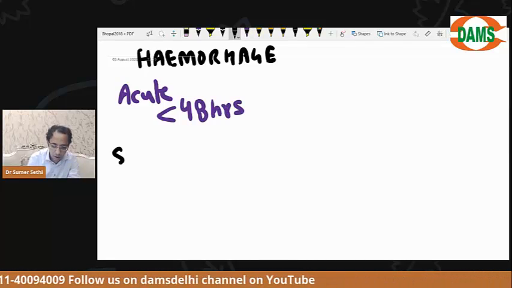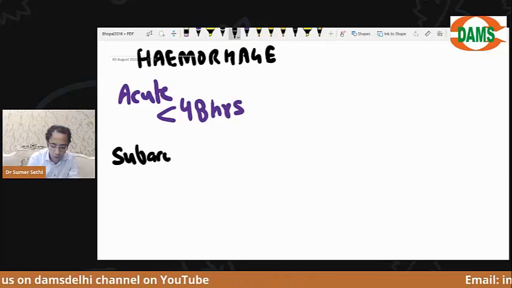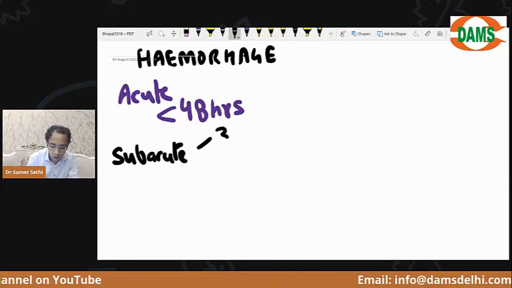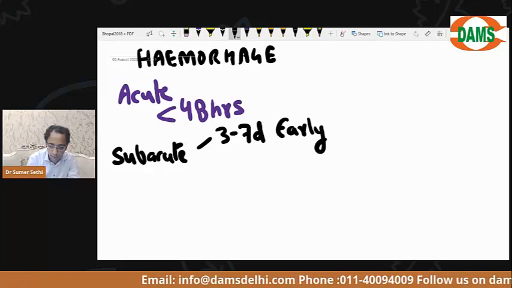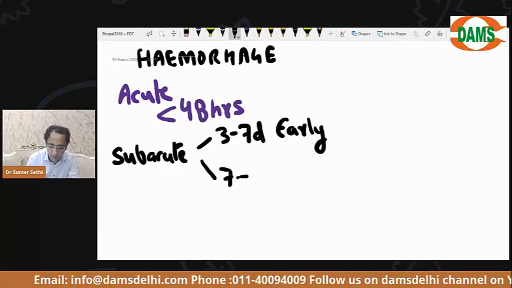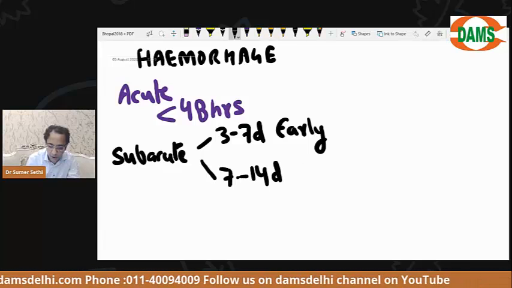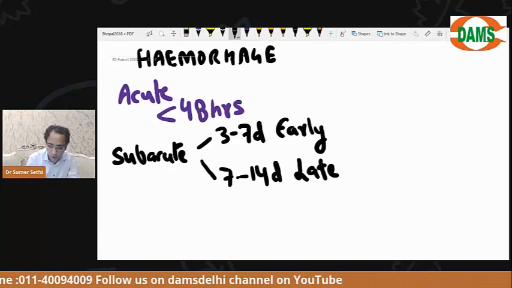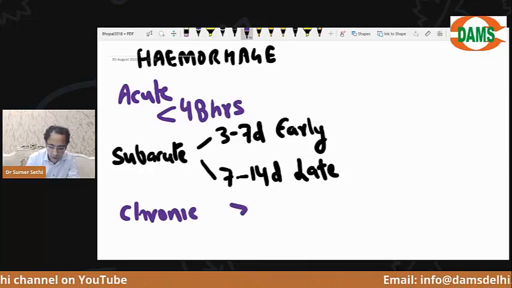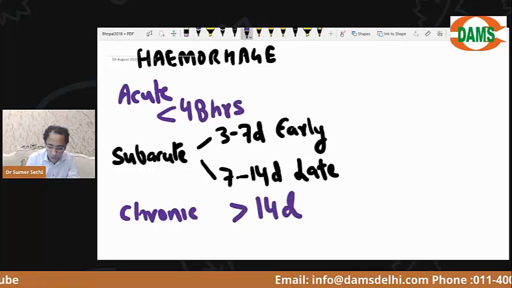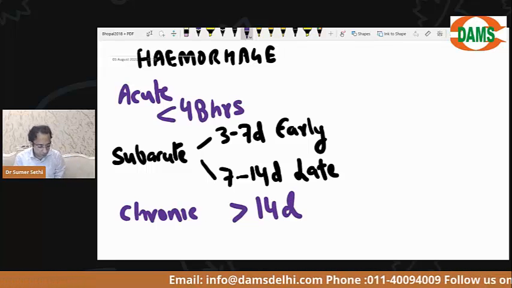Then I can say subacute: 3 to 7 days, I will call it early subacute. 7 to 14 days brain hemorrhage, I will call it late subacute. Then we will have chronic stage, which is more than 14 days in duration.